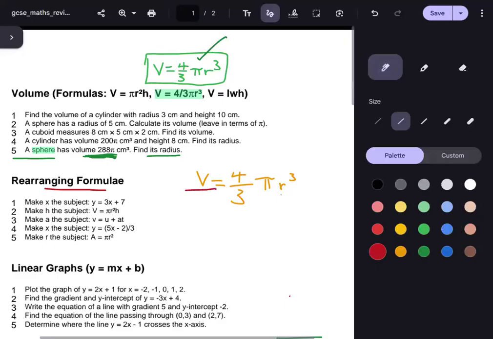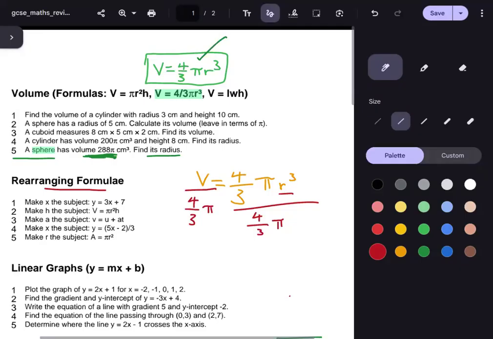So we're dividing by whatever is next to r to get rid of those so we can get r alone. So we're going to divide both sides by 4 over 3 pi. So after you put the formula, you divide under it. Yeah, you divide under it. On either side of the equal sign, you divide by whatever is next to the variable that you're trying to find.